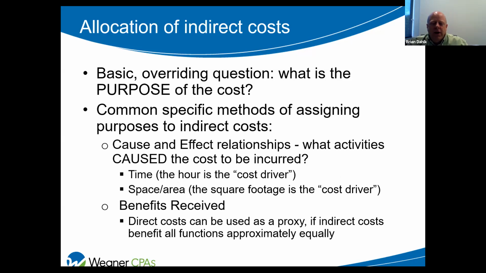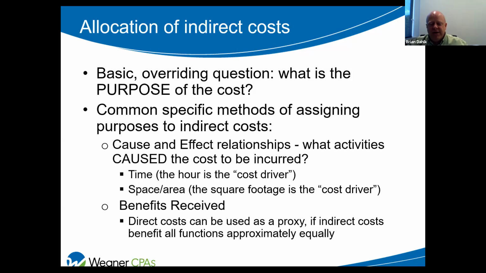And there are, in general, a few methods of going about assigning purposes to indirect costs. The most common and probably the strongest method is based on a cause and effect relationship. What activities cause the costs to be incurred?